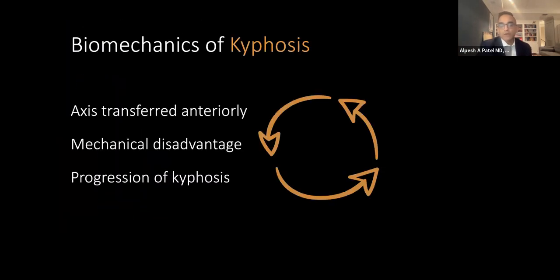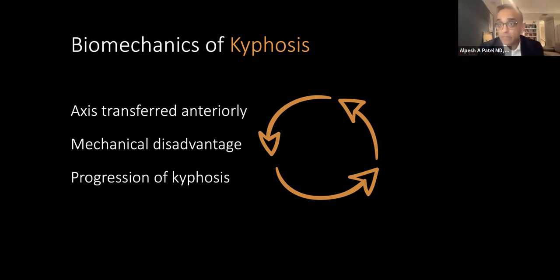When it comes to kyphosis, there's a bit of a biomechanical vicious circle that people can go through, right? Some event causes that axis of rotation to shift a little anterior, which then puts all the other structures at a mechanical disadvantage. The facets are seeing more tension than they're used to. The anterior column is seeing more compression than it's used to.